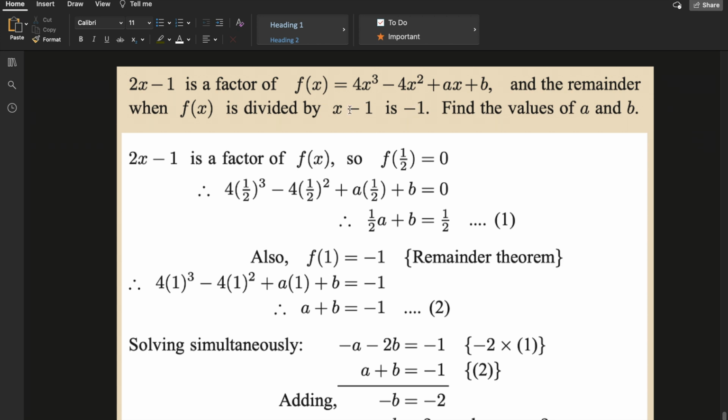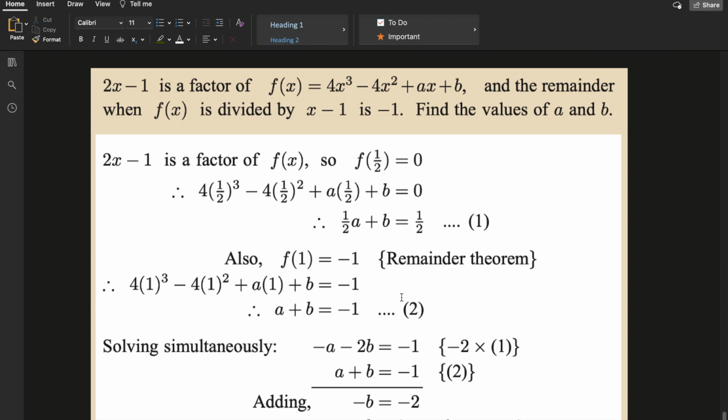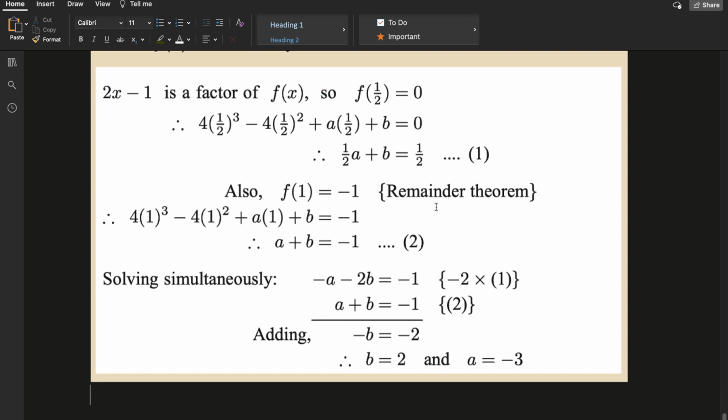So that means f of 1 will be negative 1. So we form another equation using this statement. So we have two equations right now.